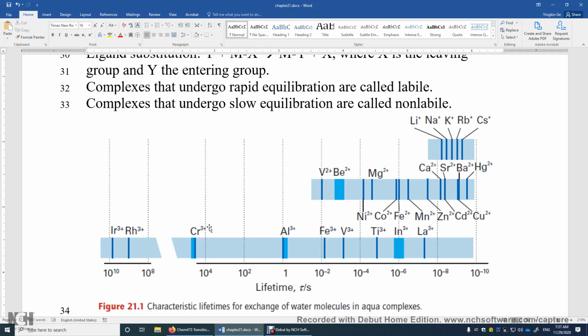There are 3 t2g orbitals, and these 3 d electrons in chromium 3+ occupy the 3 t2g orbitals, dxy, dyz, dzx, and they have the same spin. Now if you look at the ligand field stabilization energy, this is d3, which means you have 3 times negative 0.4 delta O.